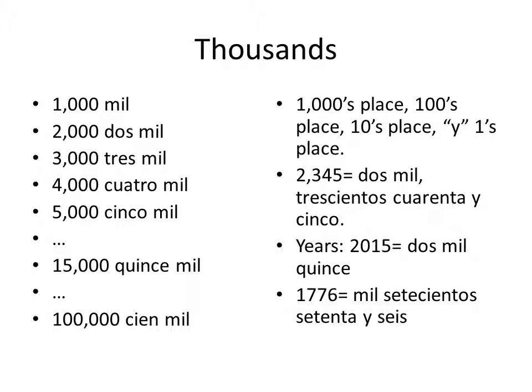So when we're reading a number that has thousands, we say what's in the thousands place, hundreds place, tens place, y, ones place. So if we were to take, for example, the number 2,345, in the thousands place, we have a 2 representing 2,000, dos mil.